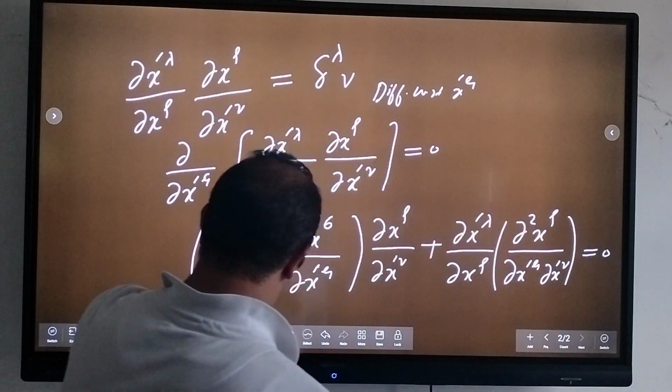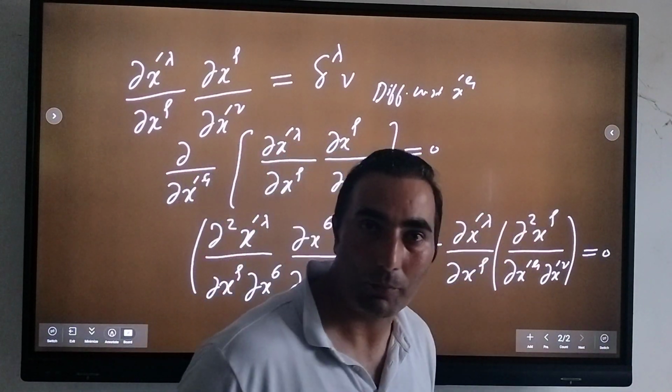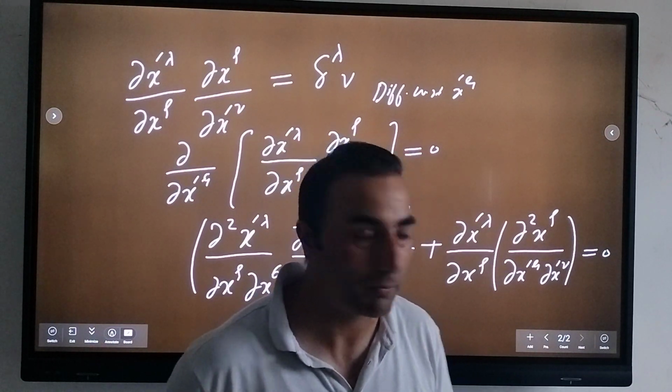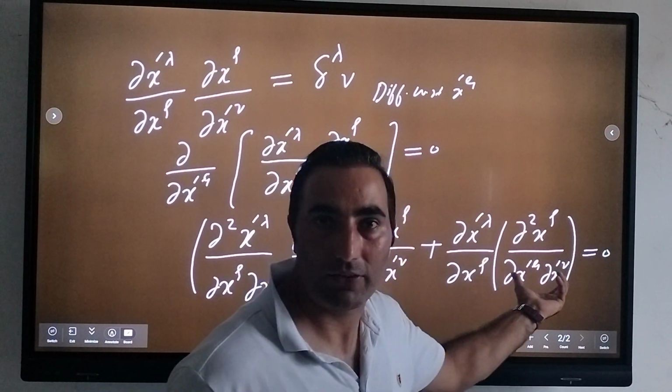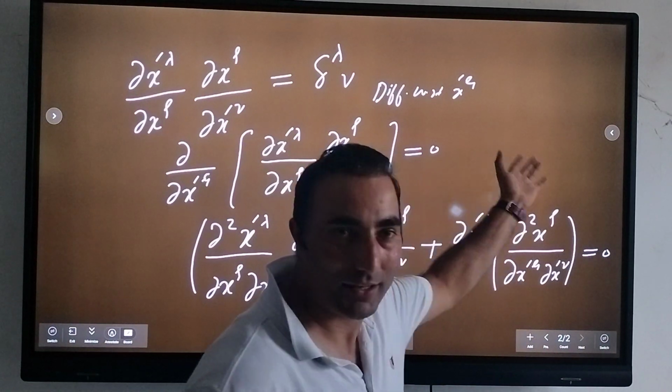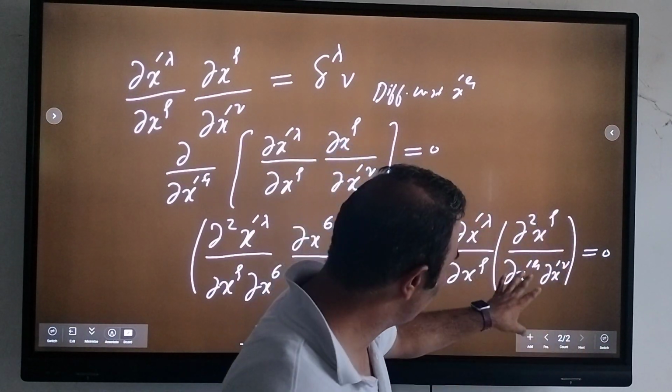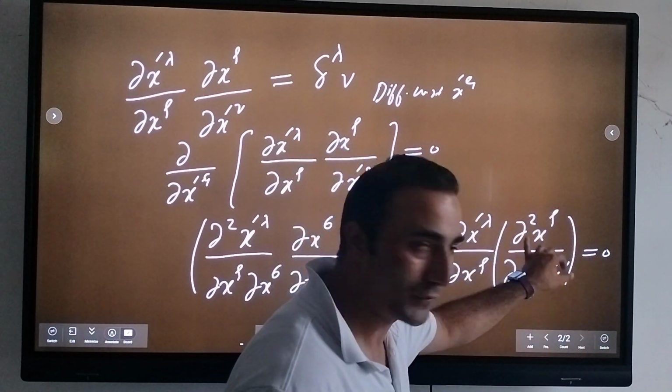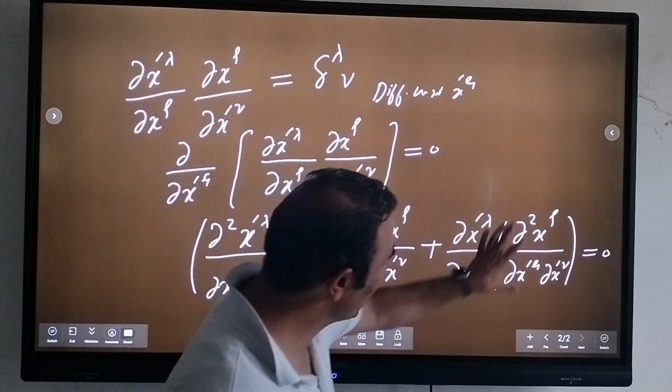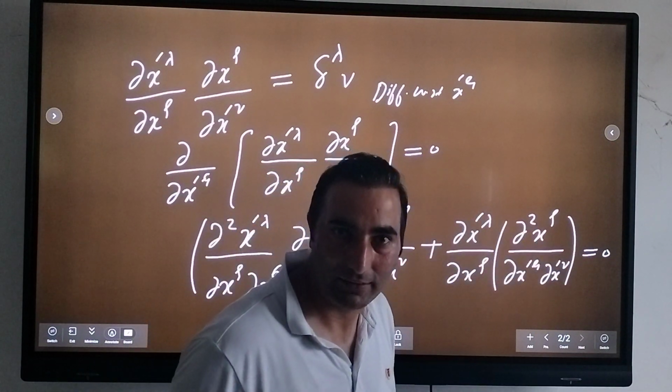So why am I doing this? Because I should get some affine term here, right? Because we have some T lambda prime mu nu, which is basically equal to this thing. So it will be something like that affine connection, right?